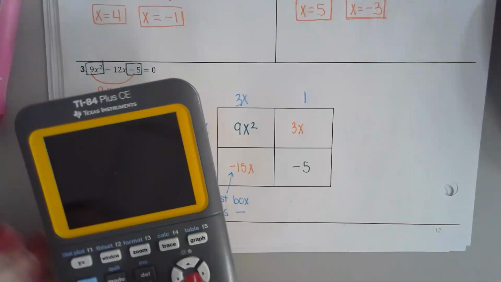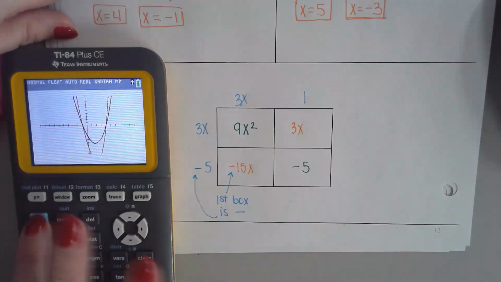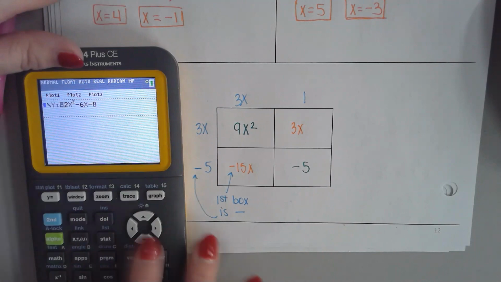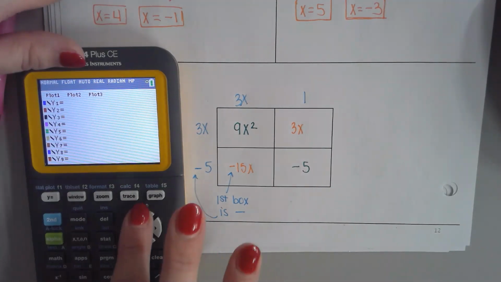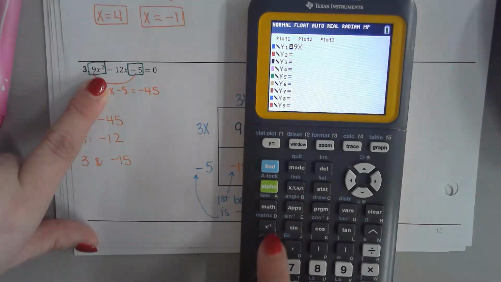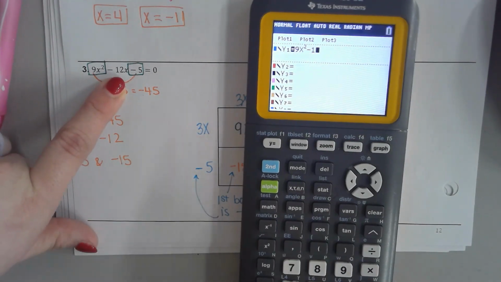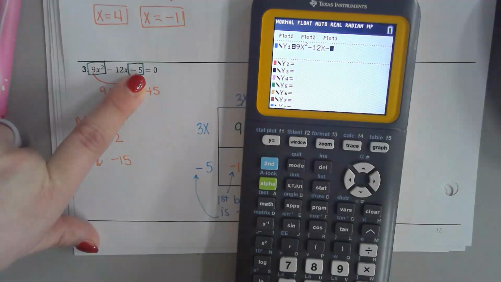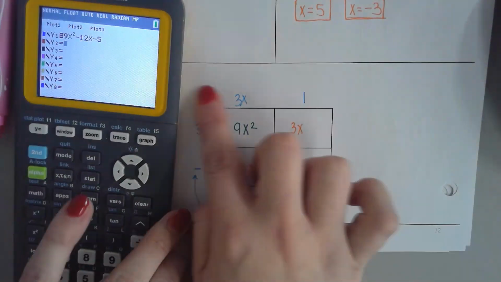Another way that you could check is on your y equals. Type in your original problem, 9x squared minus 12x minus 5. And then we're going to type in what's here on the outside.